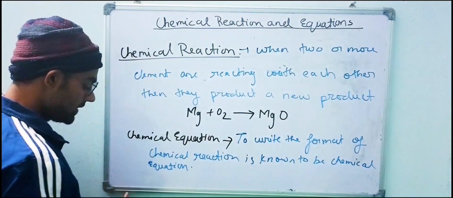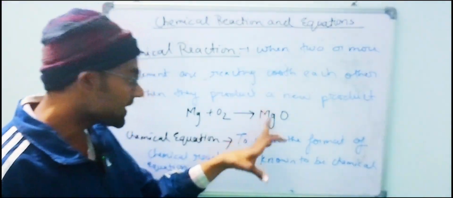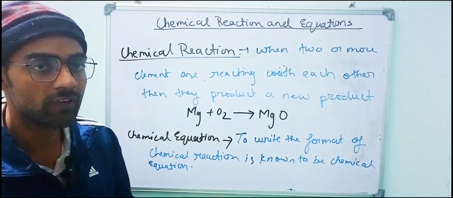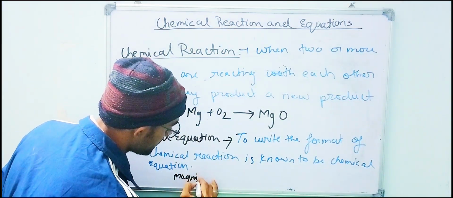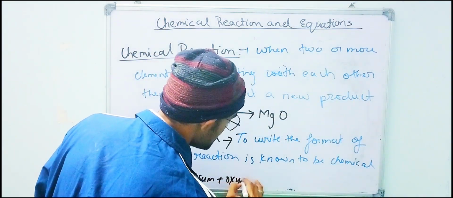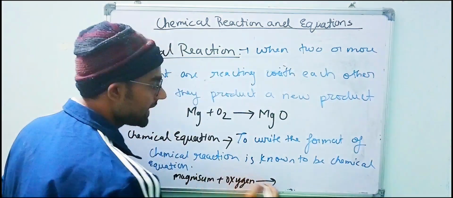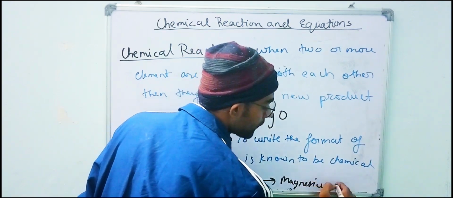For example, suppose we have to write the format of this chemical reaction, then how will we write it? Like this: magnesium plus oxygen, when they react, then it will produce magnesium oxide.